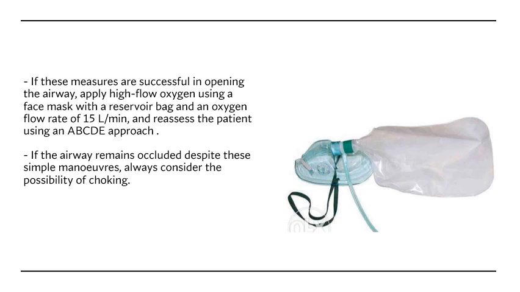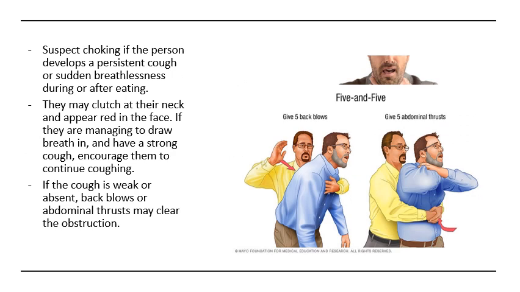If the airway remains occluded despite these simple maneuvers, always consider the possibility of choking. Suspect choking if the person develops a persistent cough or sudden breathlessness during or after eating. If there is persistent cough during eating, you have to encourage the patient to cough.